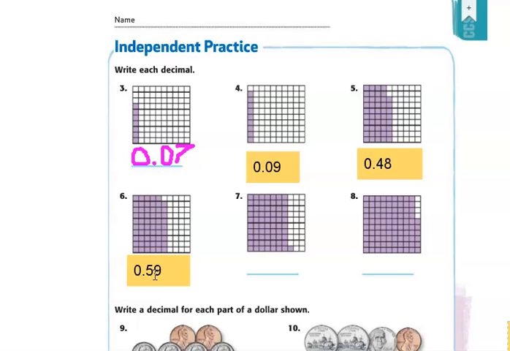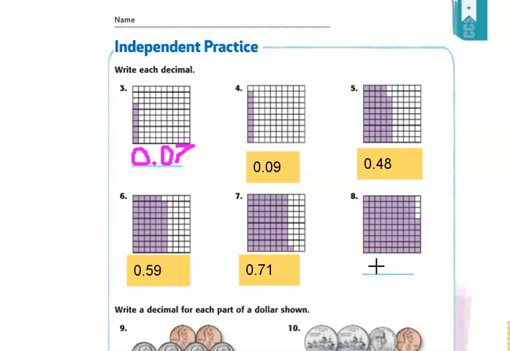There are 5 tenths and 9 hundredths. Okay. Next one, I've got no ones. I've got 1, 2, 3, 4, 5, 6, 7 whole rows and 1 square left over, so that's 7 tenths and 1 hundredth, or 71 hundredths.